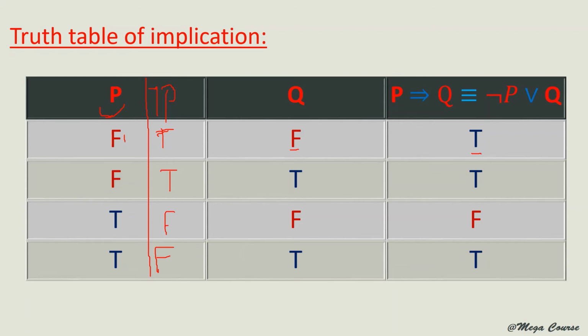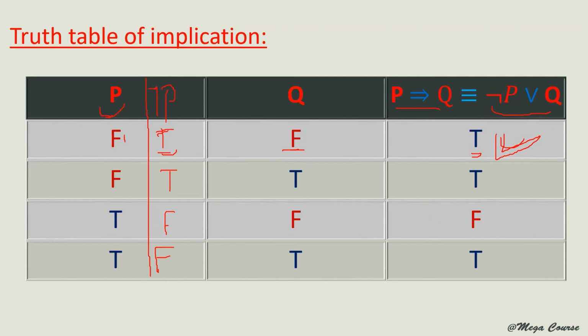Both of the two statements, not P and Q, should be false in order for not P or Q to be false. Here, in the first one, we have not P true and Q false. Of course, the disjunction, or the implication, will be true, since at least one of them, which is not P, is true. We understood the first one.